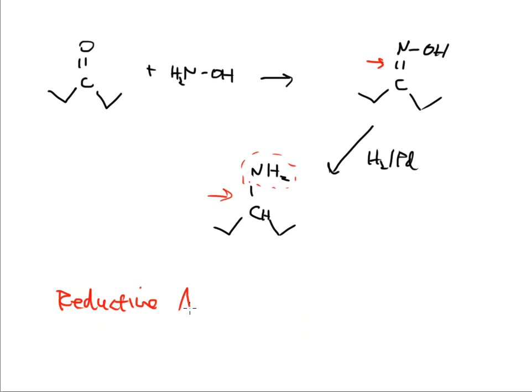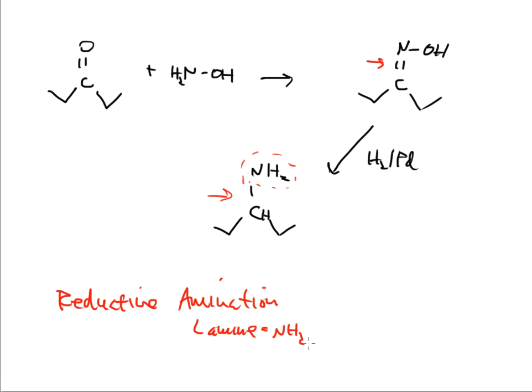And then the final term that we're going to add on to this is called amination, not animation. Animation is Disney, okay? Animation is not organic. Amination is organic. So amination, you can see the word amine, and amine means NH2.